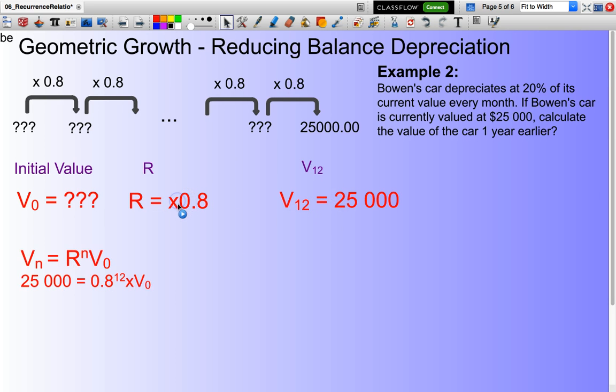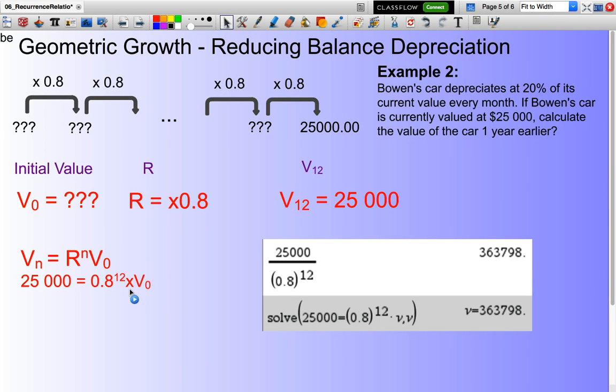So what I need to do is go back to my recurrence rule. My Vn equals R to the power of n times V0. So in other words, my V12 is 25,000 equals 0.8 to the power of 12 times my initial value.